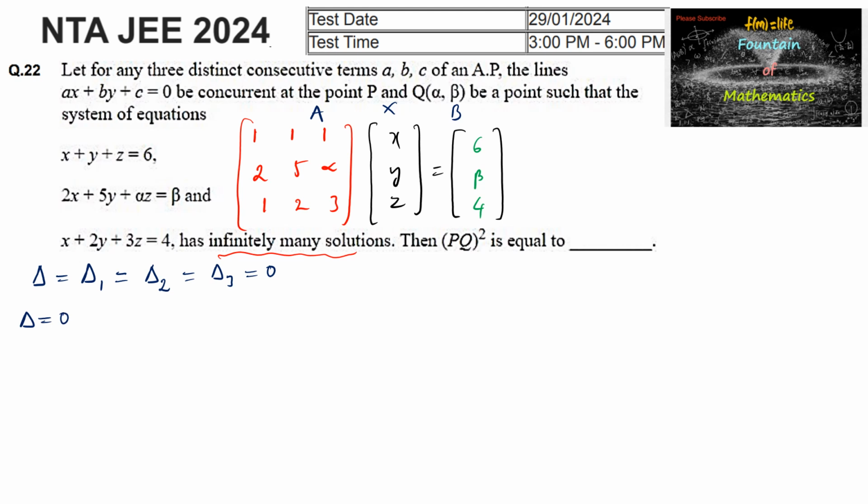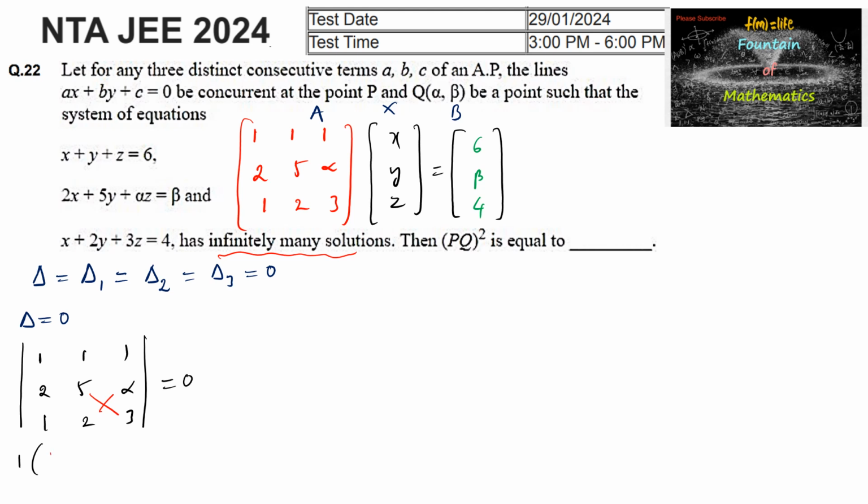So we get the determinant 1, 1, 1, 2, 5, alpha, 1, 2, 3, which is equal to 0. Let us expand: 1 times of 5 into 3 minus 2 into alpha.